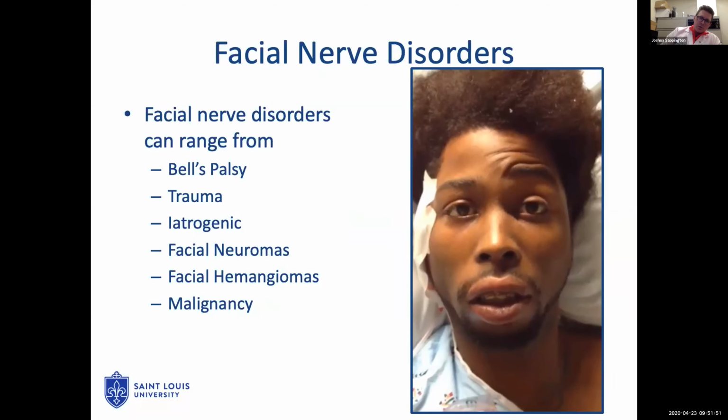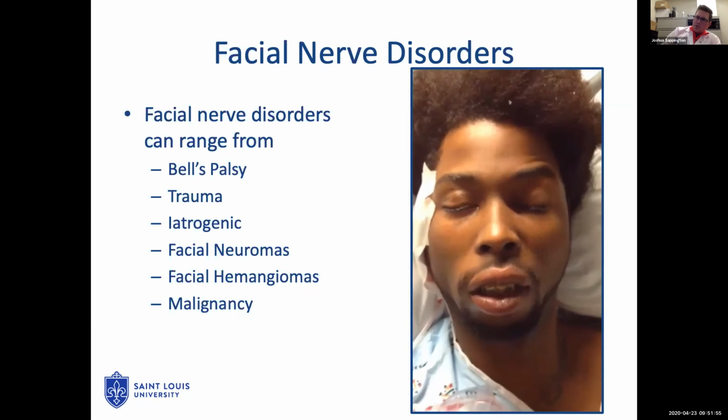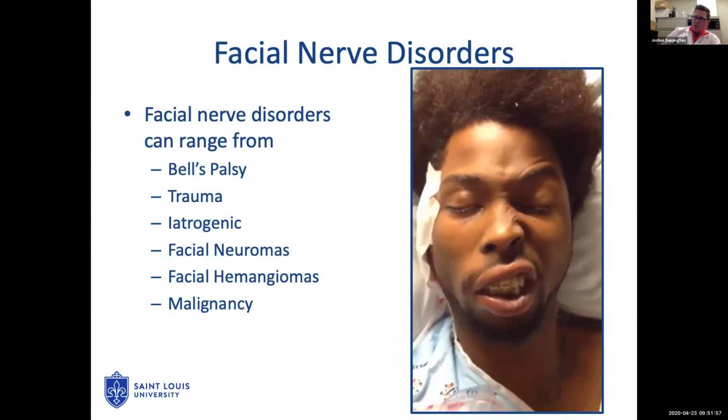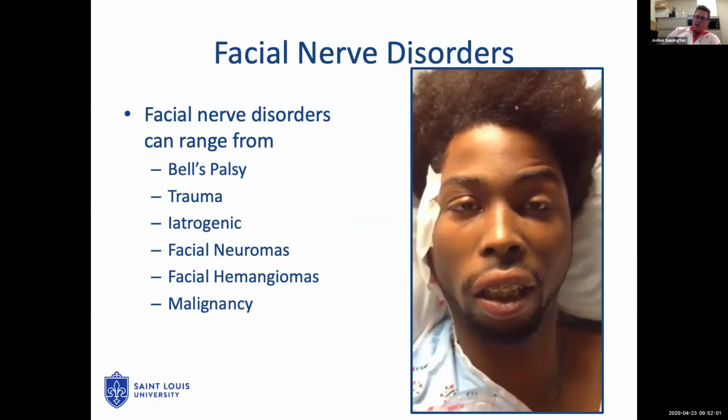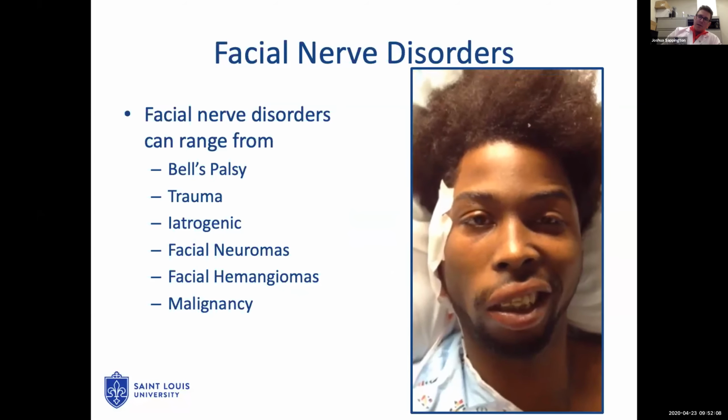So facial nerve disorders, we see a lot of these patients. I like to put this patient up for the residents to discuss what their House-Brackmann function is. Oftentimes people will say, well, it looks like he gets some eye closure, and that's because he's young.